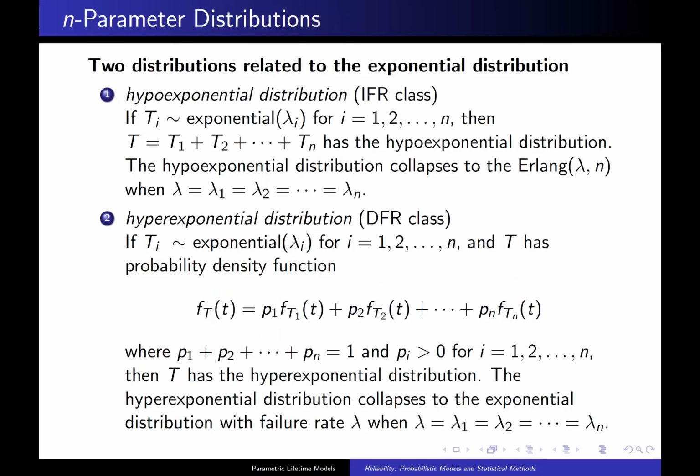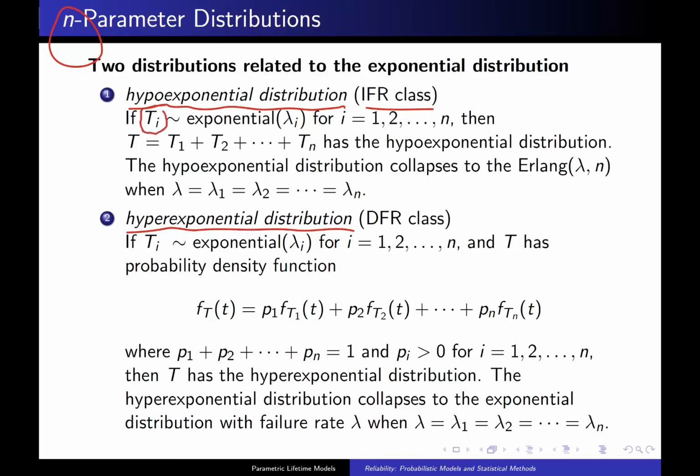Finally, the last thing is to look at two distributions which are known as n-parameter distributions, and they are related to the exponential distribution. One of these is called the hypo-exponential distribution, and the other one is called the hyper-exponential distribution. The hypo-exponential distribution falls in the IFR class, and here's the way it works.